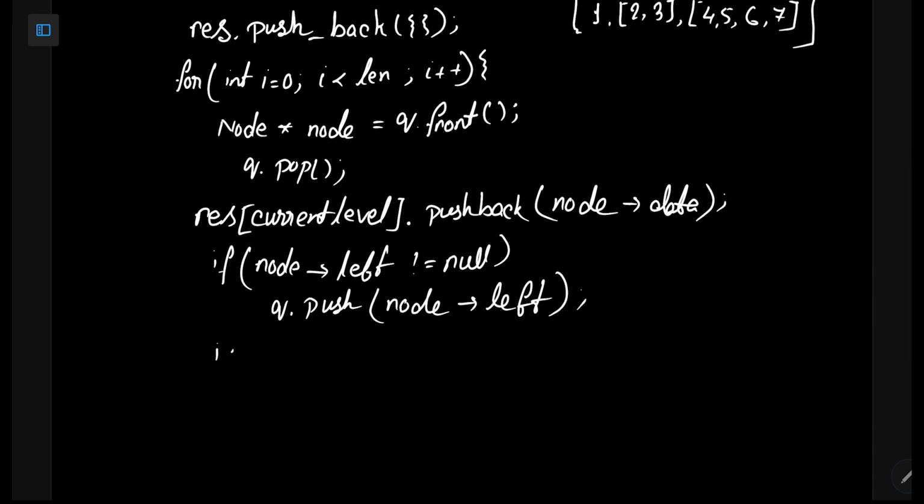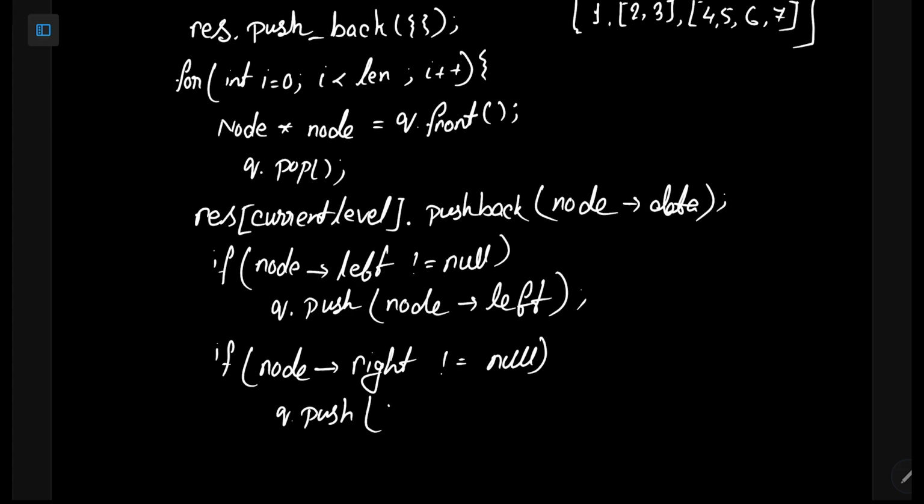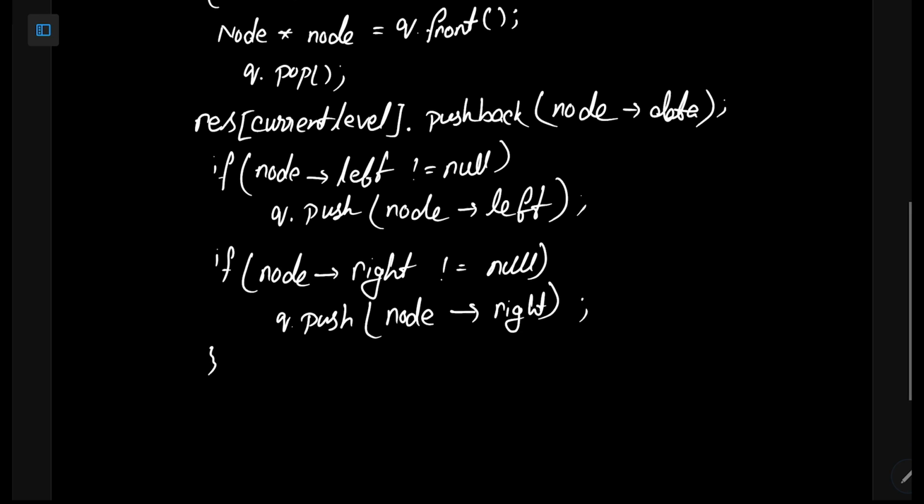And then also check if node's right is not null, then queue dot push it. After one full traversal, the current level will be increased by 1.